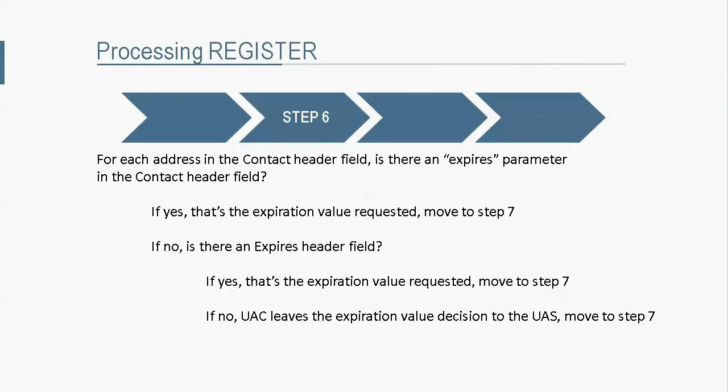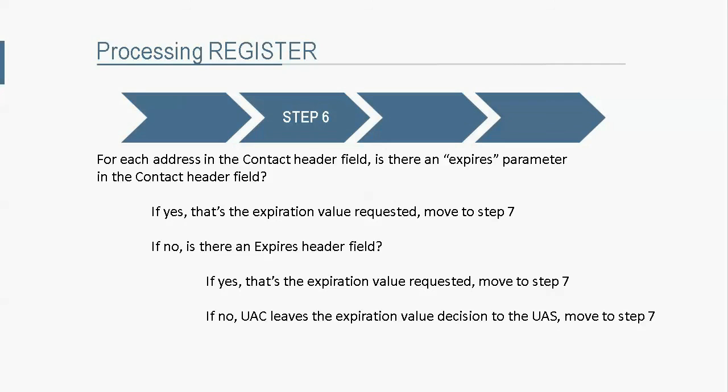Step 6. For each address in the contact header field, is there an expires parameter in the contact header field? If yes, that's the expiration value requested. Move on to step 7. If no, is there an expires header field? If yes, that's the expiration value requested. Move on to step 7.